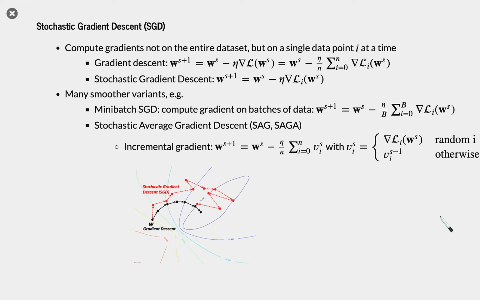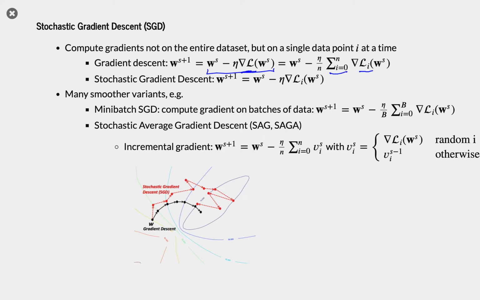If you remember, the update rule of gradient descent was defined by this function. And computing this gradient means using all the data in your data set to evaluate the loss function. You can break this down into the sum over all your n data points of the individual gradients for every point.